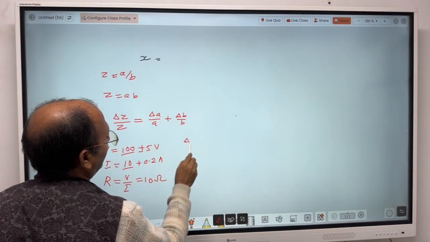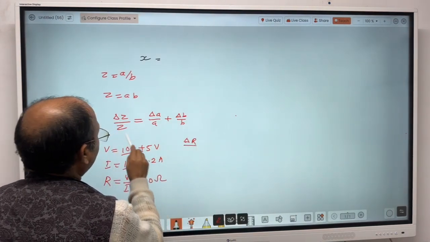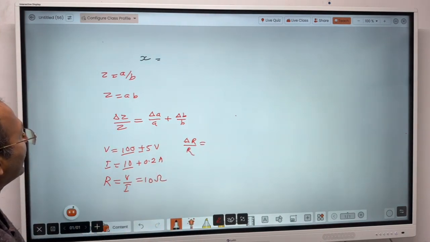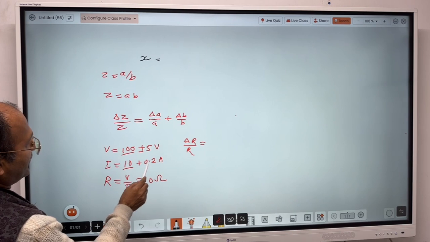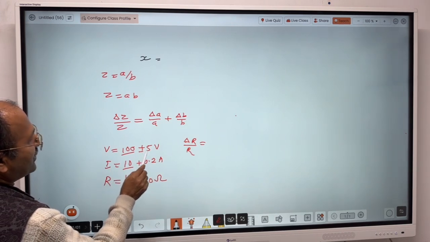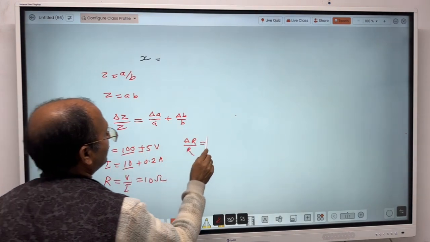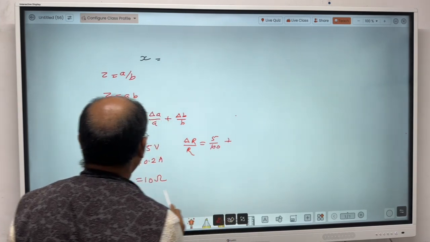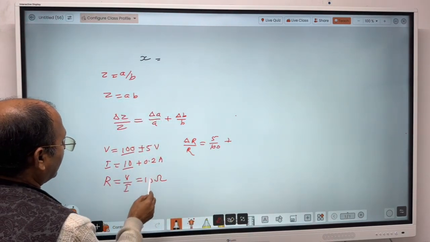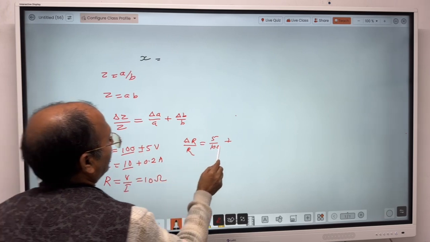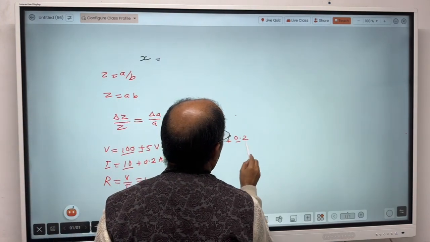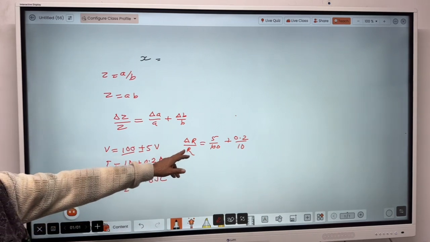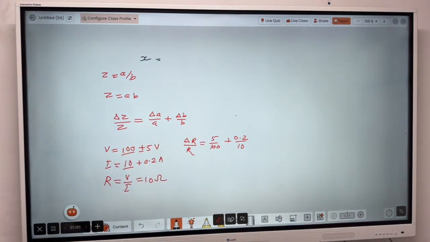So we write here delta R divided by R is equal to delta A upon A, error in first quantity. So 5 divided by 100 plus here 0.2 divided by 10. Now what we can do? We can take this R to RHS.